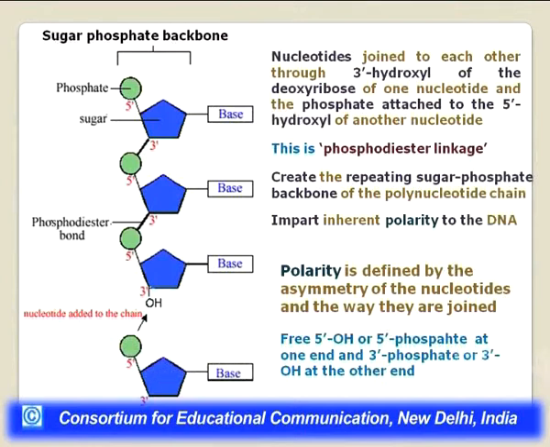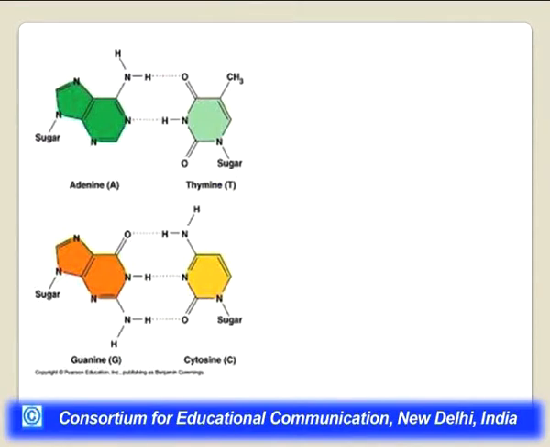So, one polynucleotide chain is formed by the addition of one nucleotide to another by phosphodiester linkages, leaving the two ends asymmetric, with a 5' group exposed at one end and the 3' hydroxyl group exposed at the other.